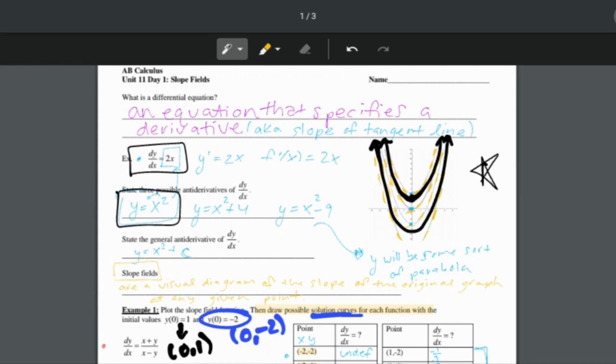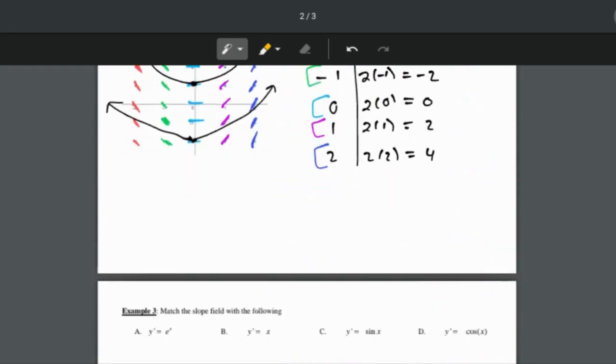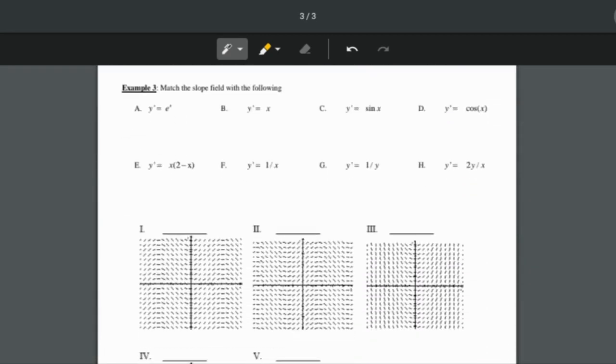X squared is a parabola. So the slope field resembles the original graph. So we kind of have to do some thinking here for this problem because we're given the derivative equations. We need to think to the originals. So I would think about these and think, what's your original function? And then let's pick a slope field that maybe resembles that.